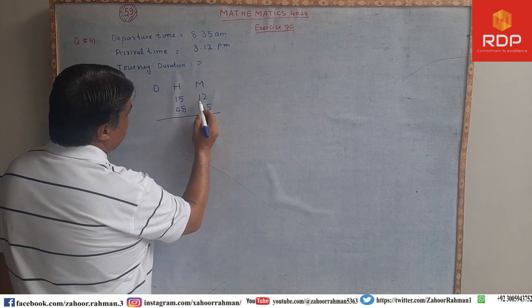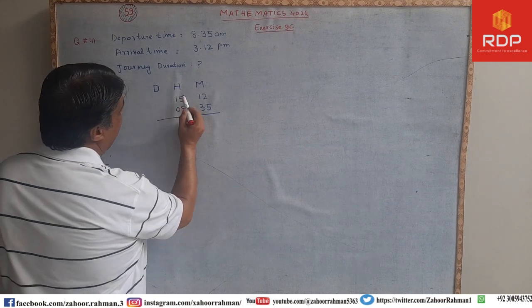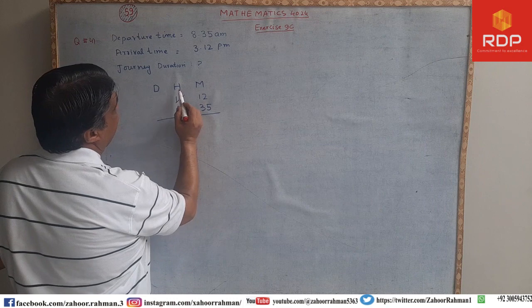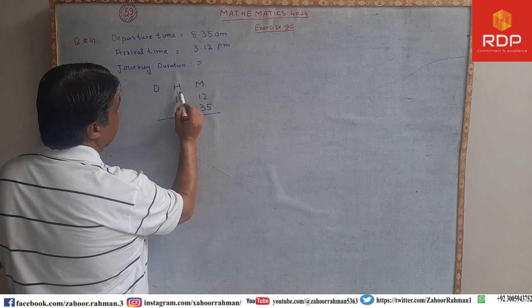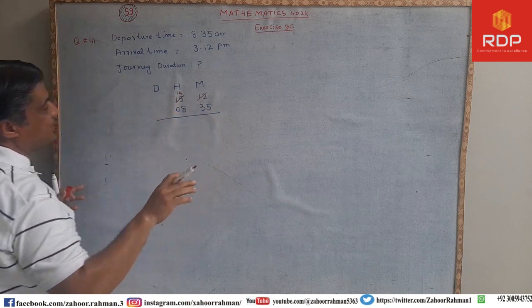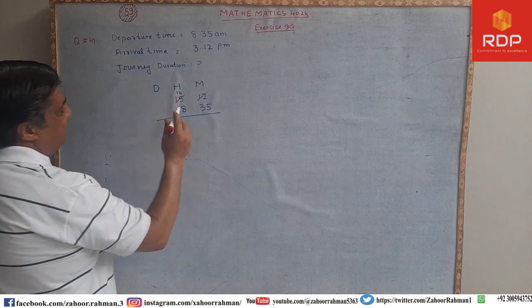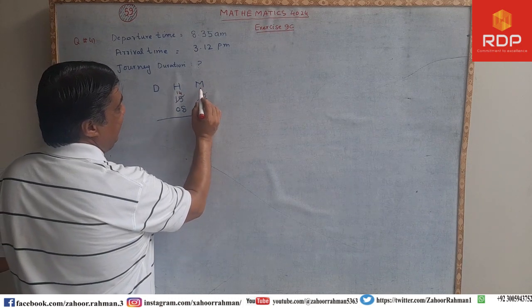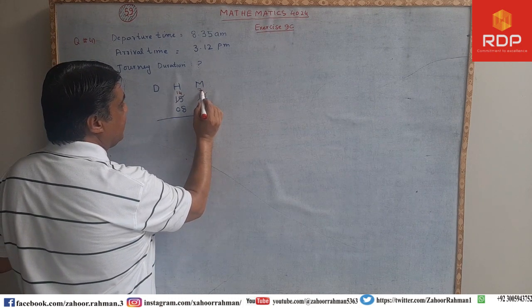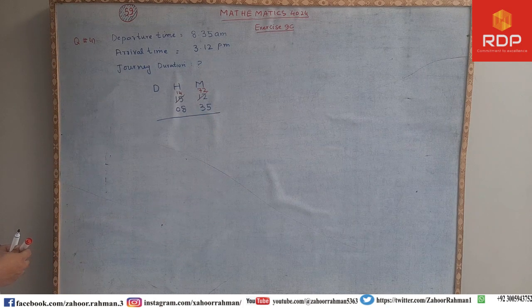Now from 12:35 cannot be subtracted. So we are giving 1 hour from here. So it will remain 14. And when 1 hour is coming to the portion of minutes, it will be 60. 60 and 12 means that it is 72 minutes.